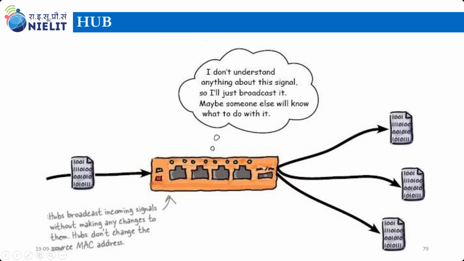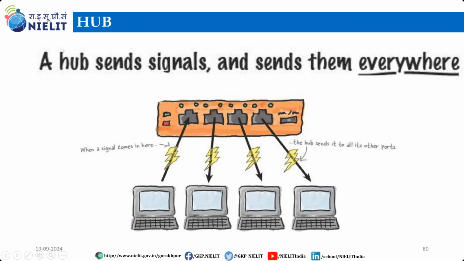This is the diagrammatic representation of the hub: some message is coming and it is going everywhere from this port. When this PC sends the signals, it goes to all the PCs, irrespective of the nature of the message, whether unicast, broadcast or multicast. It will always be broadcasted by the hub, because the hub cannot take any decision with respect to the address mentioned in the frame.